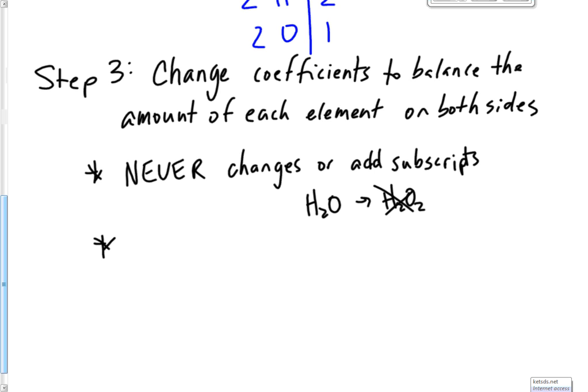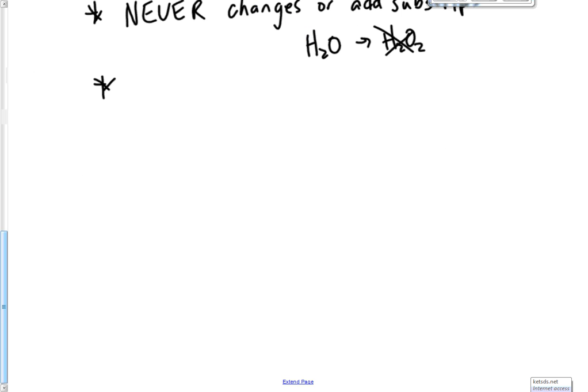Okay, rule number 2 is you never put coefficients in the middle of a formula.